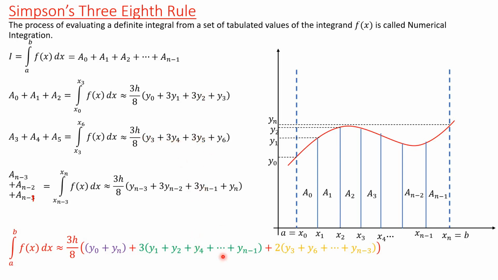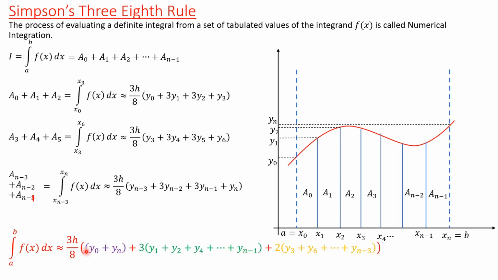y5 will also repeat 3 times, but the boundary values will not repeat 3 times. Okay, y3 is here in the first set and it is in the second set also. Similarly, y6 will be in the second set as well as in the third set. These boundary values will repeat twice, so 2 times y3 plus y6 and so on up to y(n minus 3).